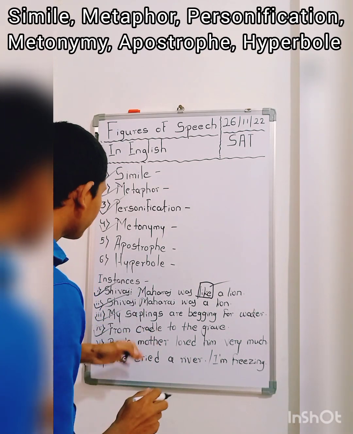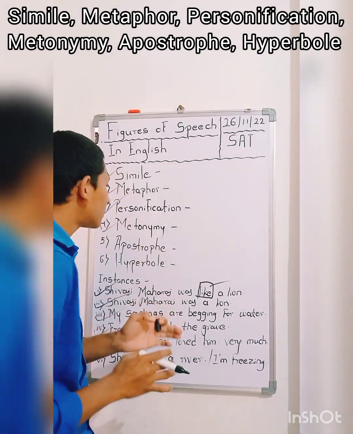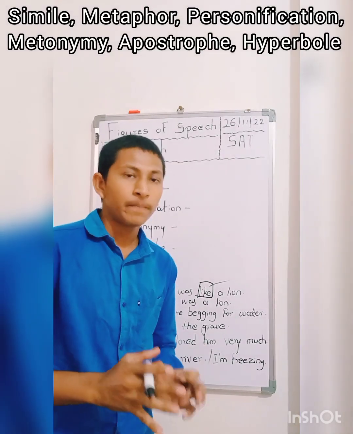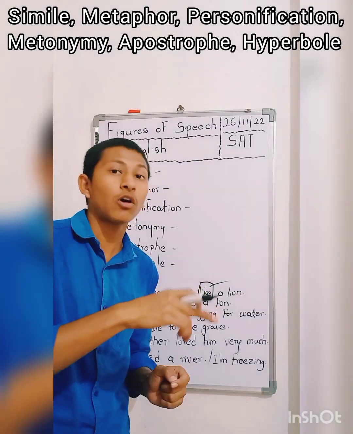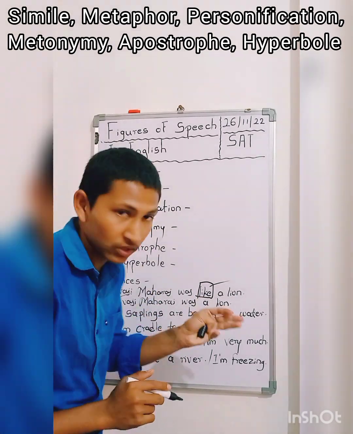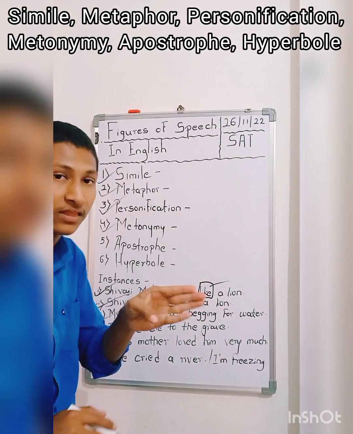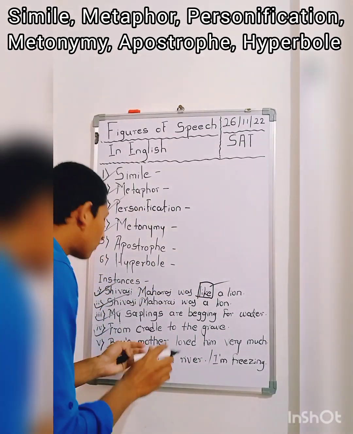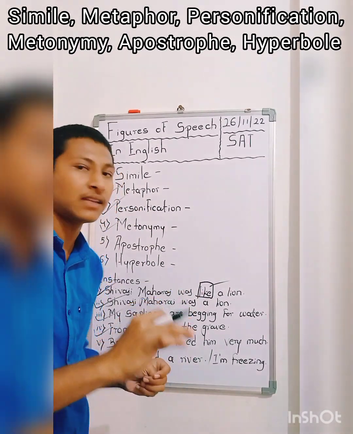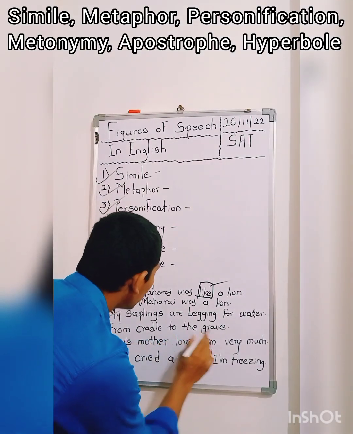It is nothing but something which replaces the words. Metonymy is nothing but using related words in place of the exact or literal words. How? From childhood to the death, or from birth to death. We replace that whole sentence and add here "from cradle to the grave".